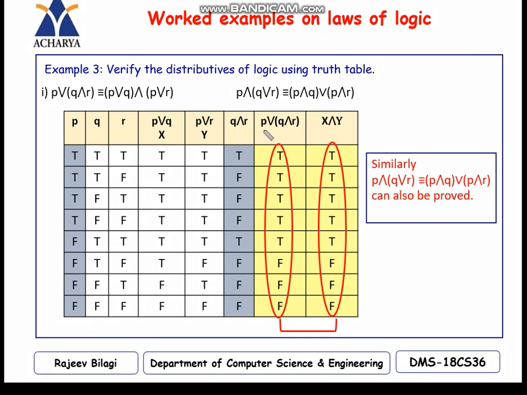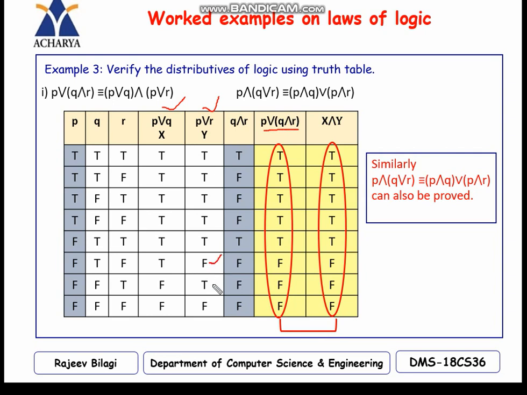Now P or Q and P or R, these two with the AND operator, that is X and Y. When both are true, then only it is true, otherwise false.